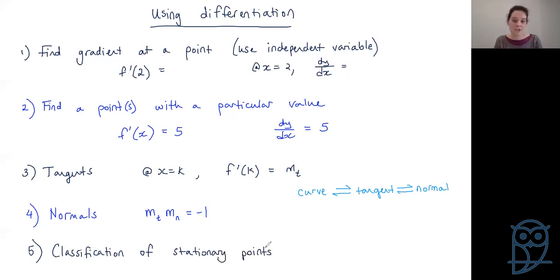Because this is the other thing we do with differentiation. This here, remember, is your second derivative. Okay, and it's all about whether that second derivative is positive or negative. It's not about the value of the second derivative, it's about the sign of the second derivative.